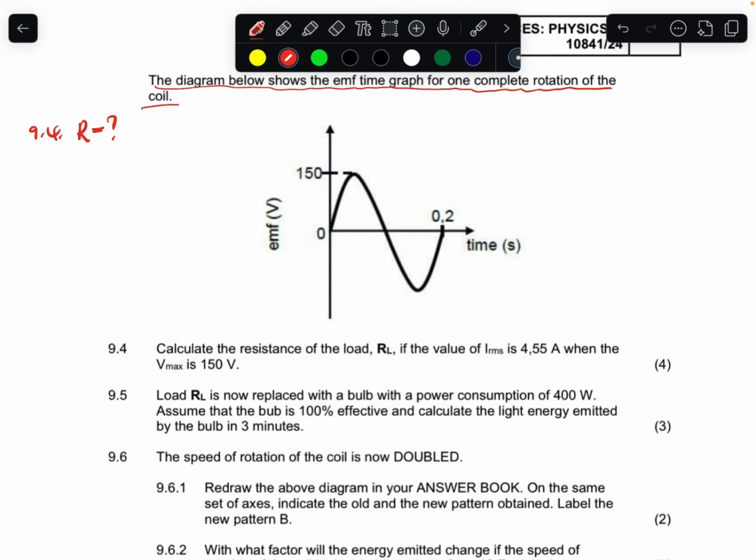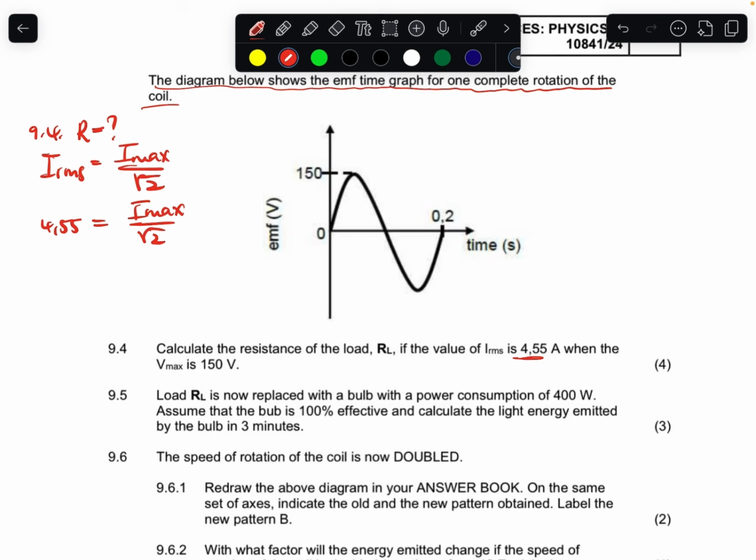So we're going to change this IRMS into IMAX. I'm going to use the formula that says IRMS is equal to IMAX divided by square root 2. The IRMS is 4.55, and then I'm looking for the IMAX. What is the reason for me to do that?